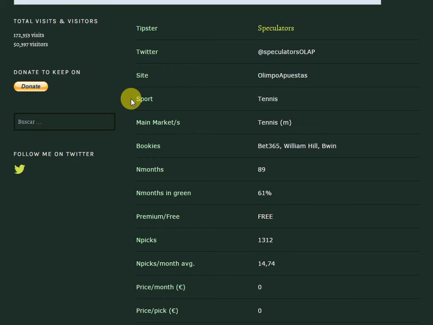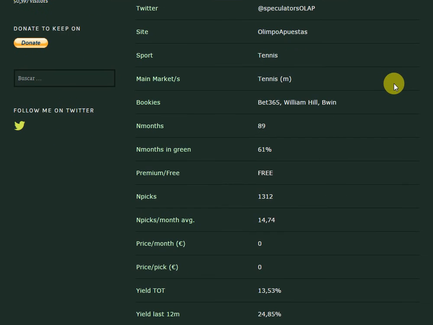He is exclusively betting on tennis, and in particular on men's tennis, so he knows the men's tennis market quite well. Okay, the main bookies that this tipster is using so far are Bet365, William Hill, and Big Win.